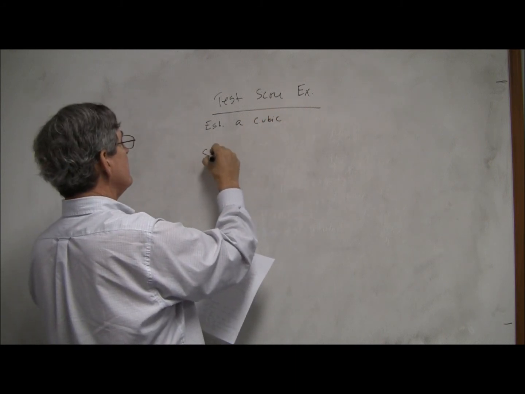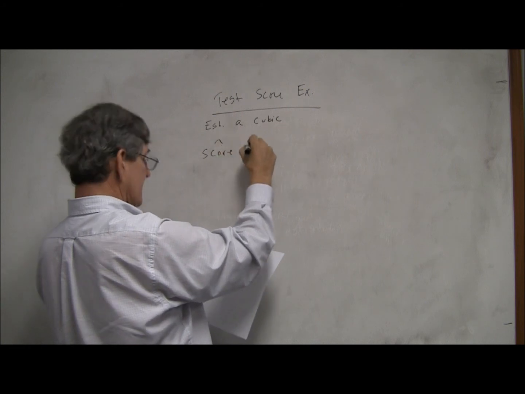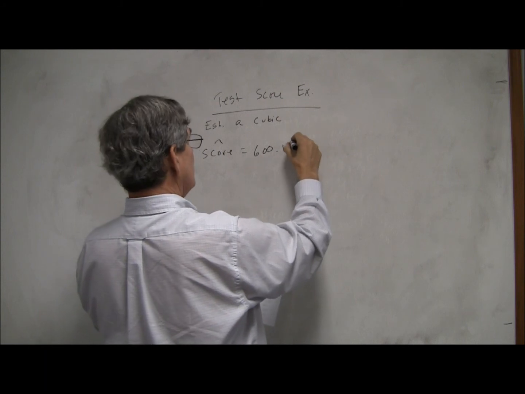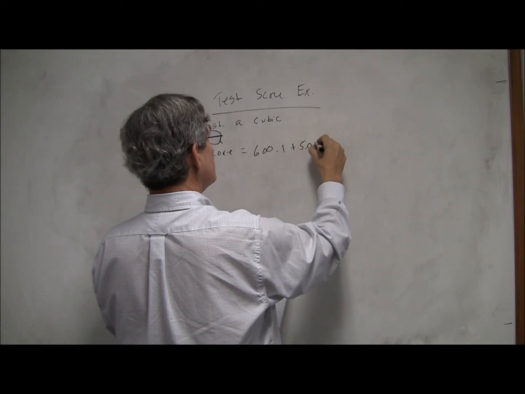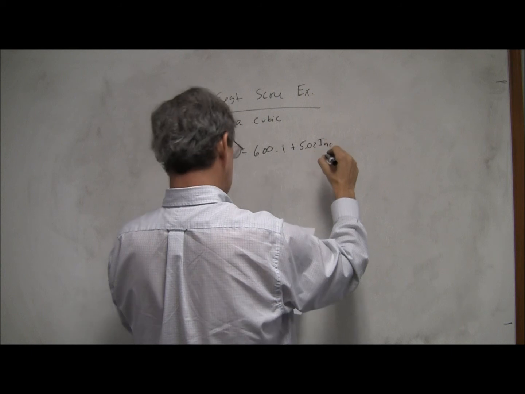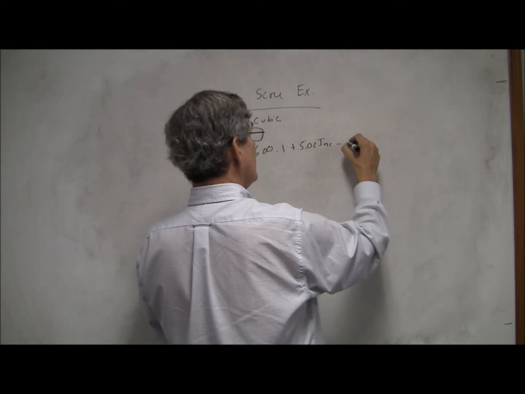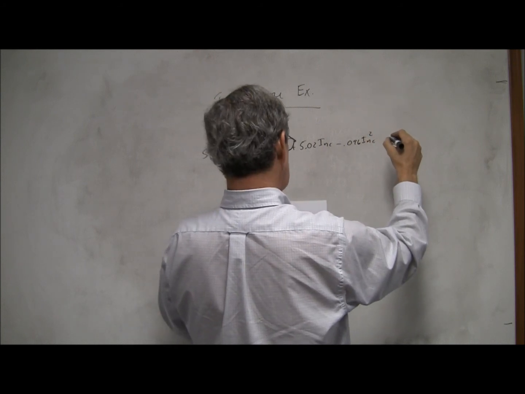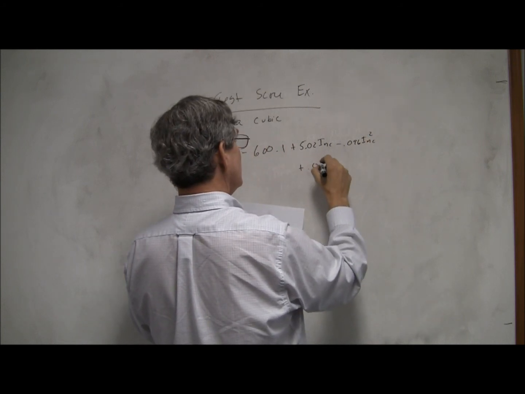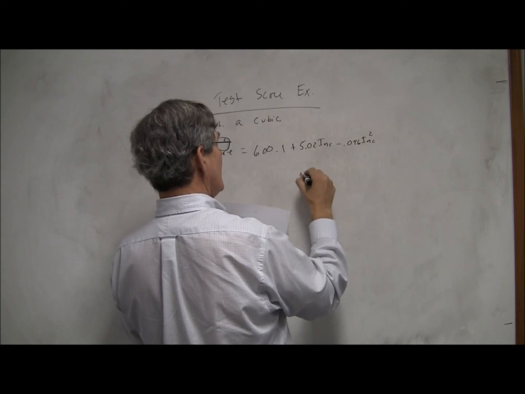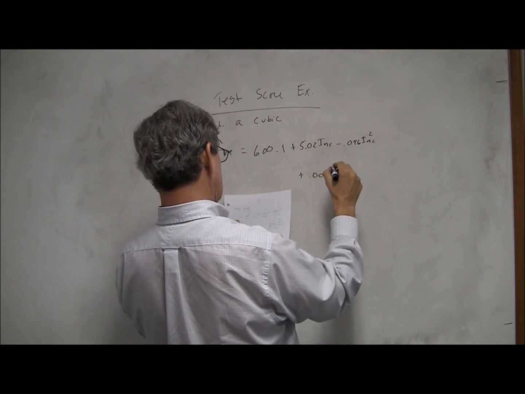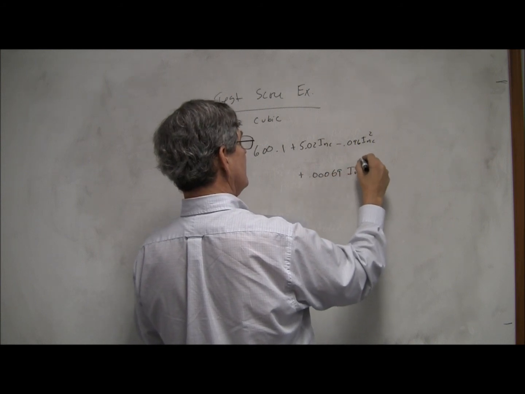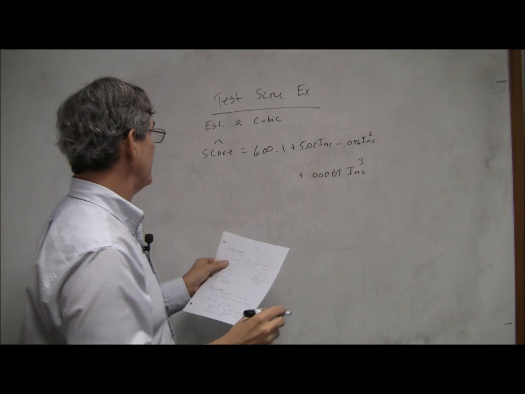So score hat is beta naught hat, 600.1 plus 5.02 times income minus 0.096 times income squared plus 0.00069 income cubed. So if you estimate a cubic with those data, that's what you get.